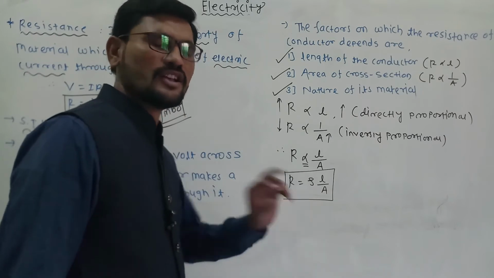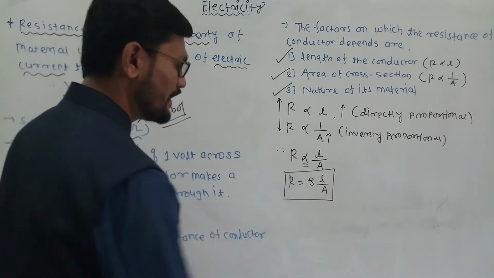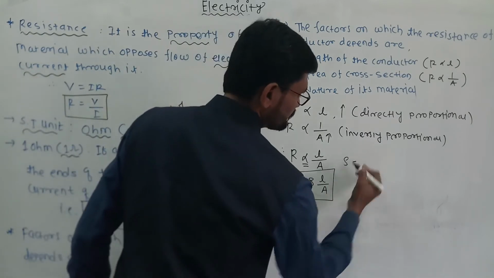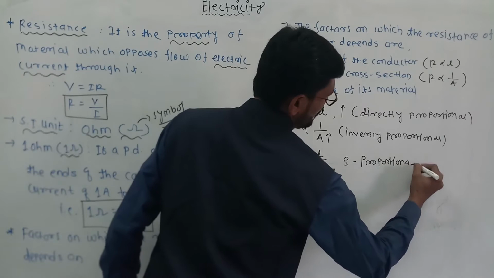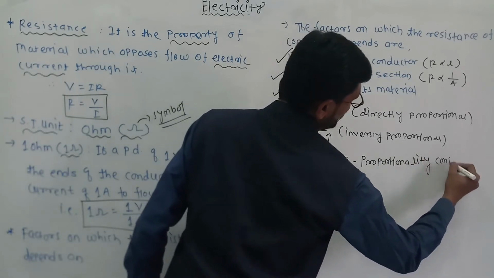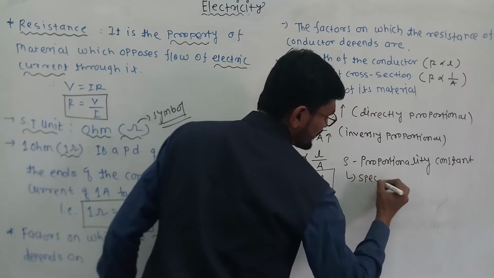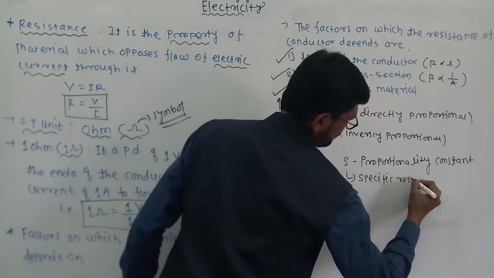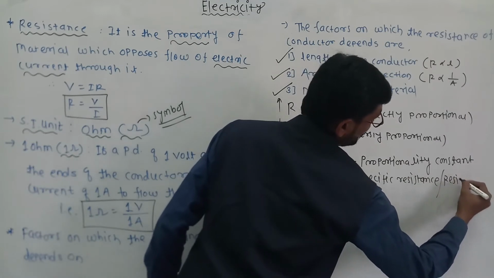This is what we use to calculate the resistance if any question mentions the length and area and asks to calculate the resistance. So blindly use this formula, R equals rho L divided by A, where rho is the proportionality constant. What is rho? Proportionality constant. Also this is called specific resistance or resistivity.